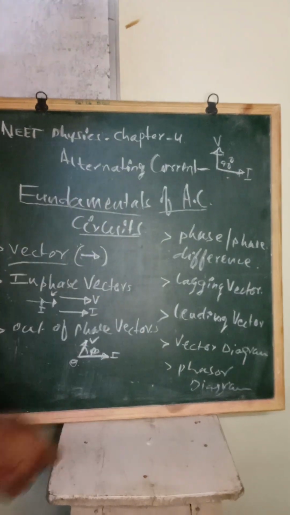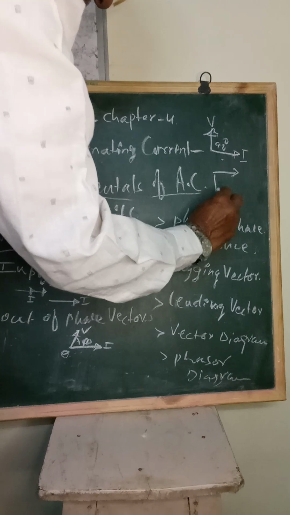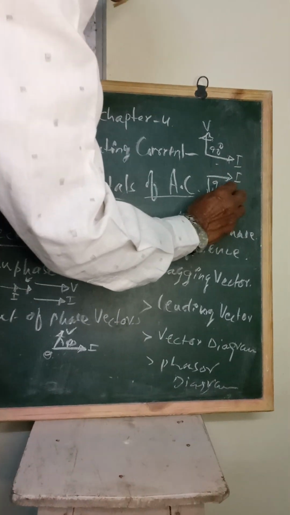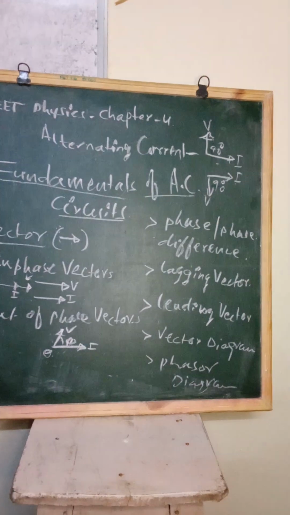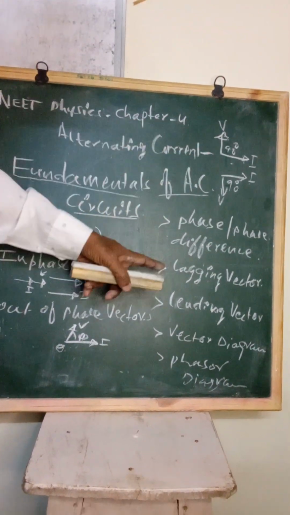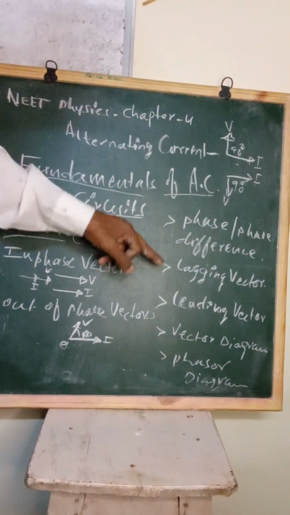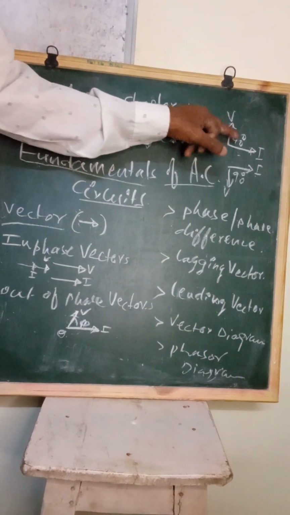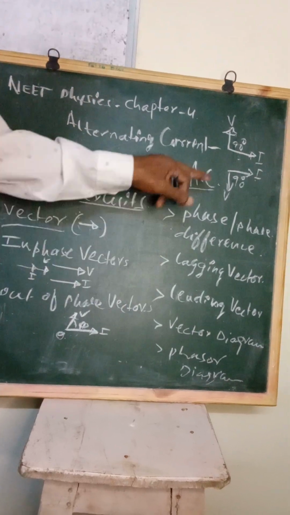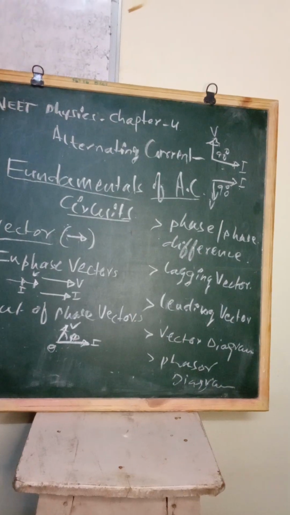On the other hand, a leading vector is a radius vector rotating in an anticlockwise direction from the reference line. What are examples of lagging and leading vectors? In case of pure inductance, current lags the voltage by 90 degrees. In case of pure capacitance, current leads the voltage by 90 degrees.